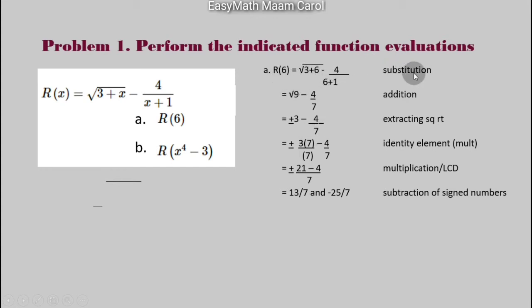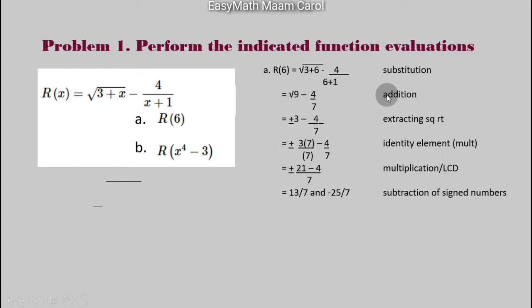So, ang una muna ay by substitution, meaning pinalitan natin yung mga x's ng number na 6. So, we got r of 6 is equal to the square root of 3 plus 6 minus 4 over 6 plus 1. So, lahat ng mga x natin dito ay pinalitan lang natin ng 6. What's the next thing?